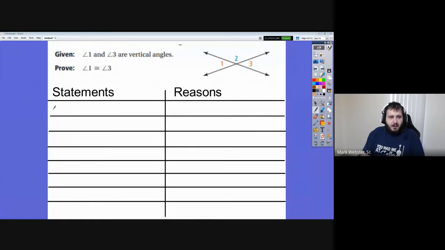what we know is that angle 1 and angle 3 are vertical angles. That's our given statement.